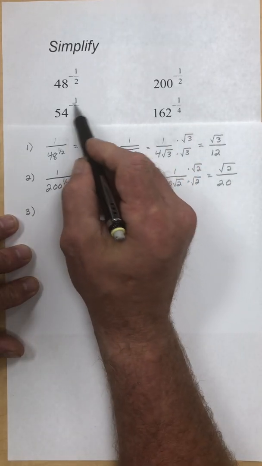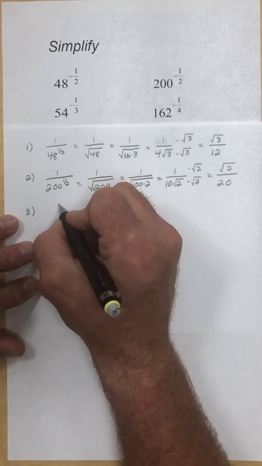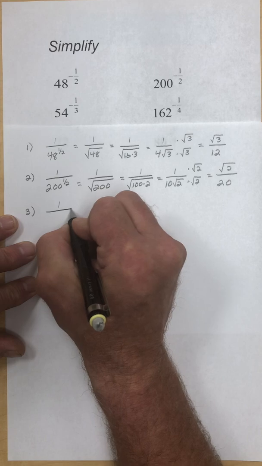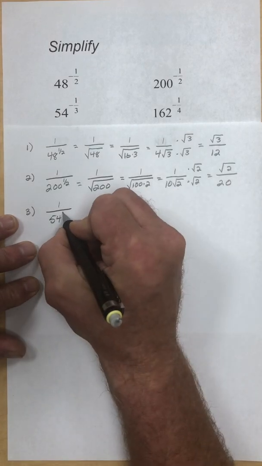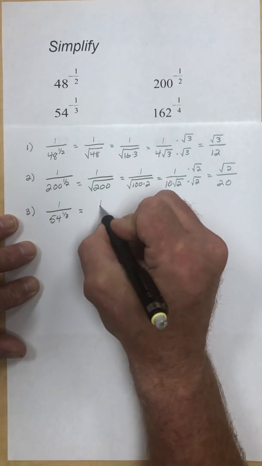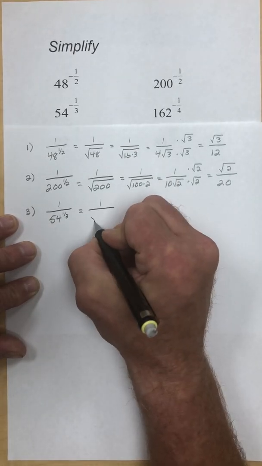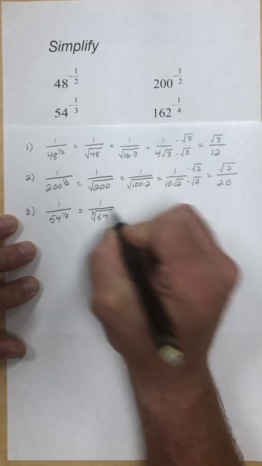Okay, so 54 to the negative 1/3 power is just a reciprocal of 54 to the 1/3 power, so we get rid of the negative exponent by putting 54 to the 1/3 down below. So this is 1 over the cubed root of 54.